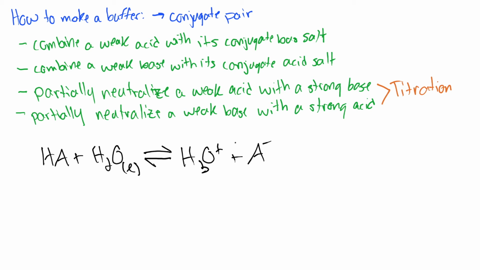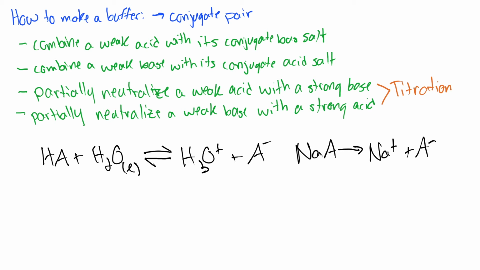Now I want to explain why buffers work in the way that they do. Let's say we're going to add maybe some NaA, and because we know that sodium salts dissociate completely, we have Na+ and A-.